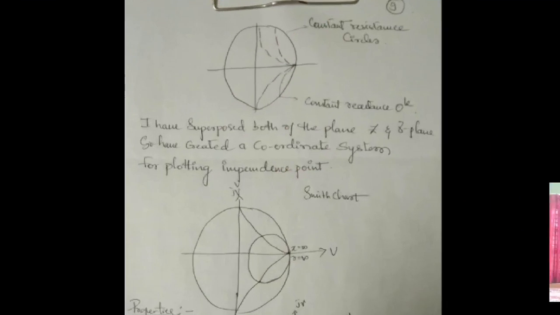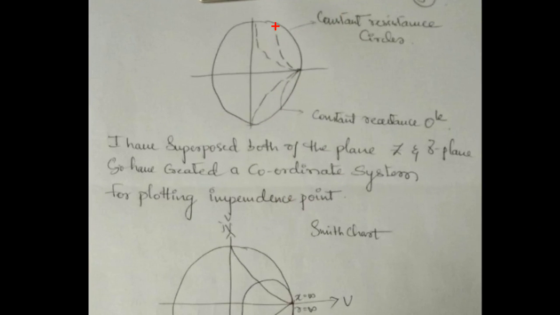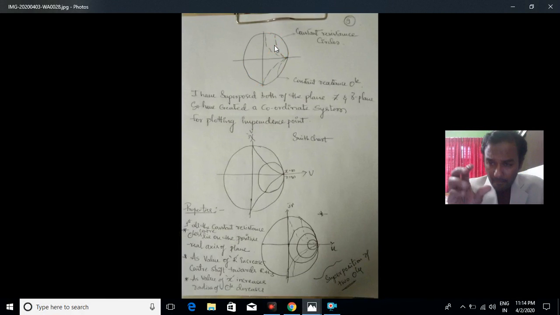That's why I am considering only these lines of the reactance and negative reactance. We have discussed this; you can go through that lecture again. And this is a unit resistance circle. So this is how a basic simple Smith chart looks.